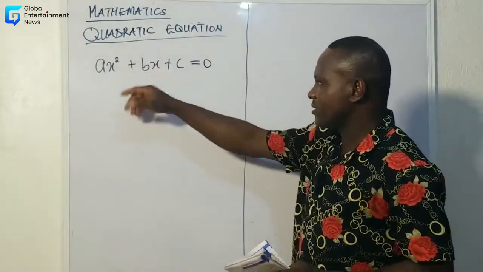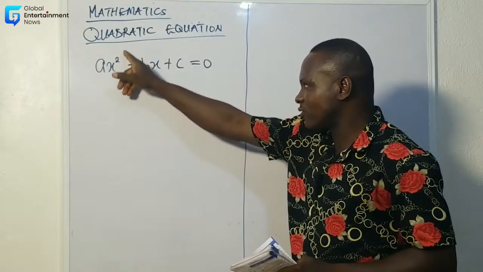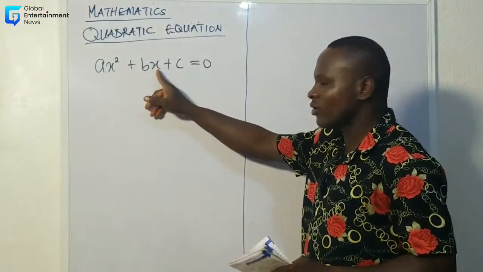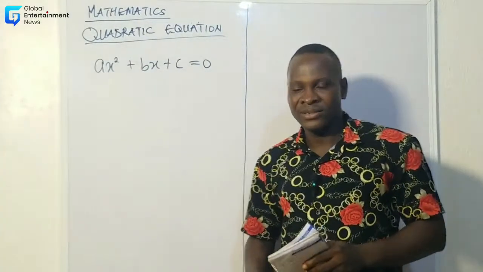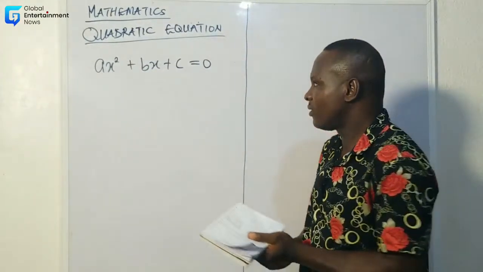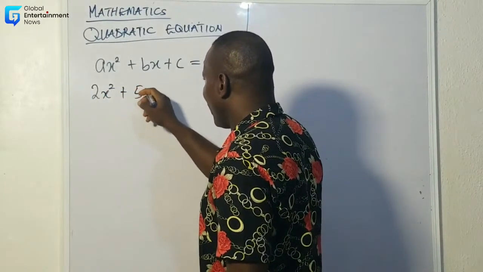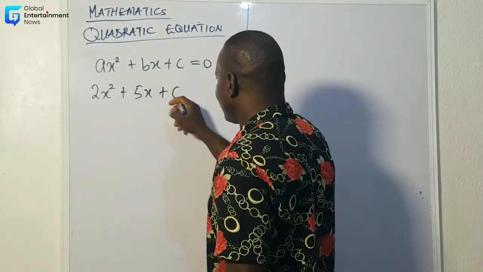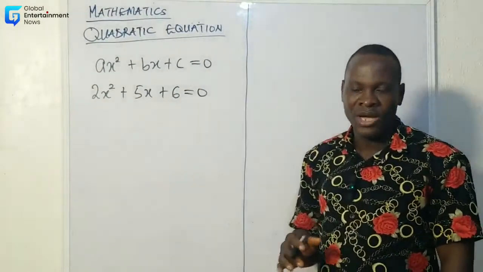Looking at this, a is the coefficient of x squared, b is the coefficient of x, and c is a constant. For example, assuming we have 2x squared plus 5x plus 6 is equal to 0, this is a quadratic equation. How do I know?